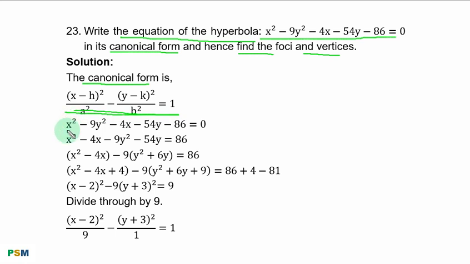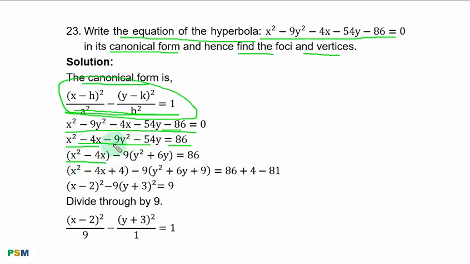So we need to simplify the given hyperbola to give us a result like the required form. The terms that contain x and y, you bring them together and transfer the constant term to the right hand side. You group these two terms, you have it in this form.